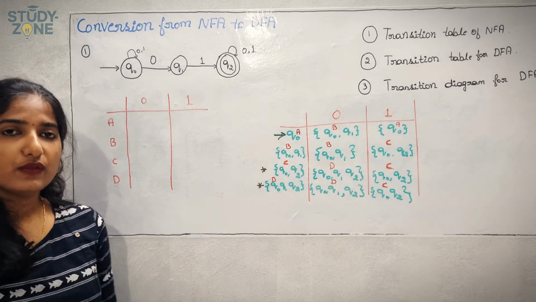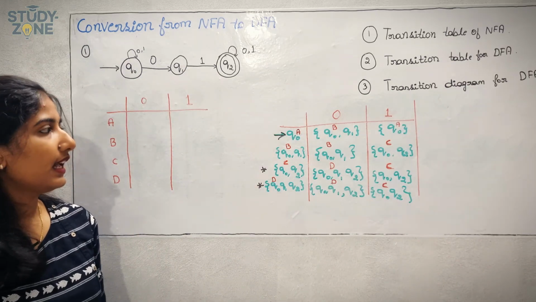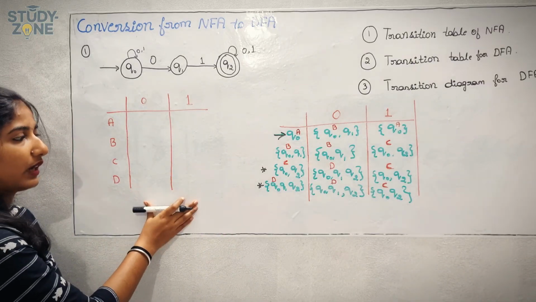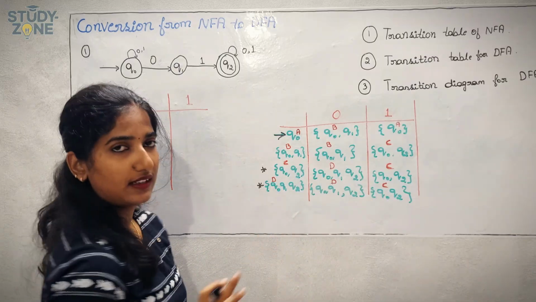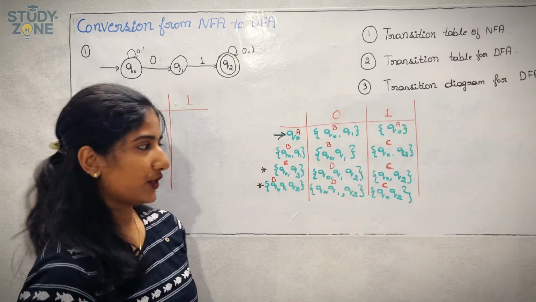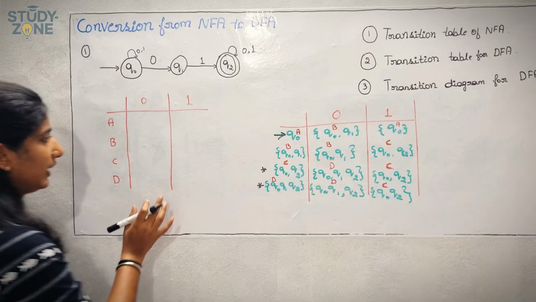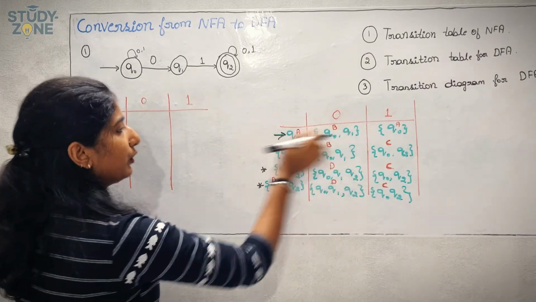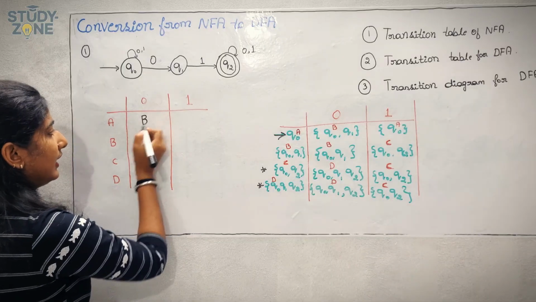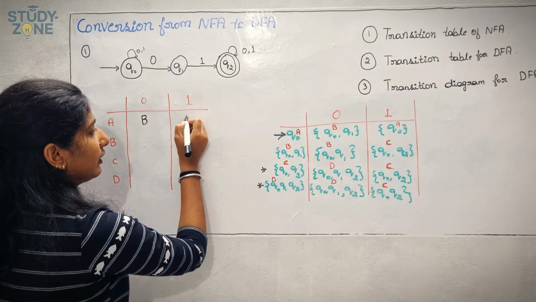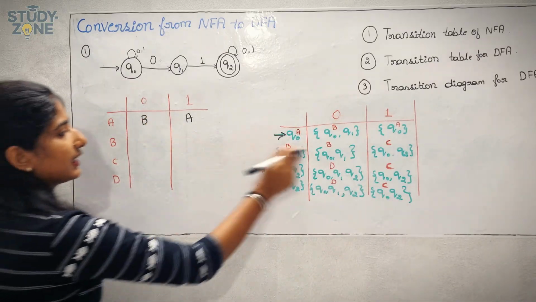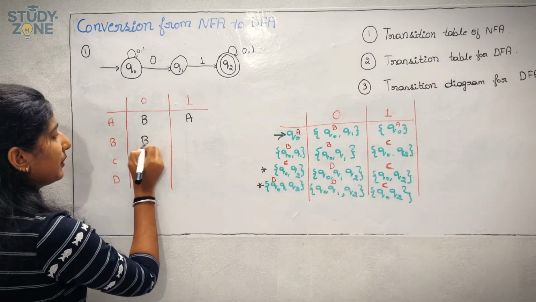Now, only for your understanding, I am writing this. That is, this is again another table, no need to write this. You can refer to this and write the transition diagram. Since this is the first problem, I will be writing it for your understanding. Okay, so A on 0, it will be moving to B, and A on 1, it will be there in A only, and B on 0, it will be there in B only.